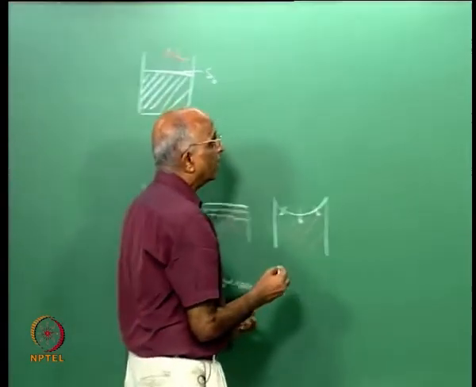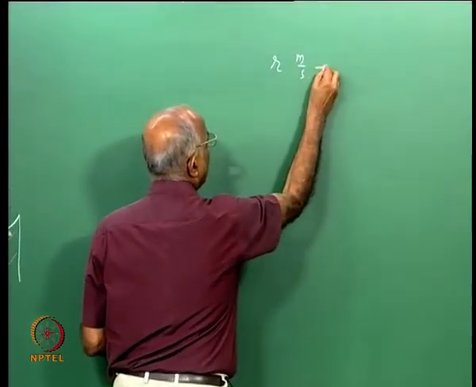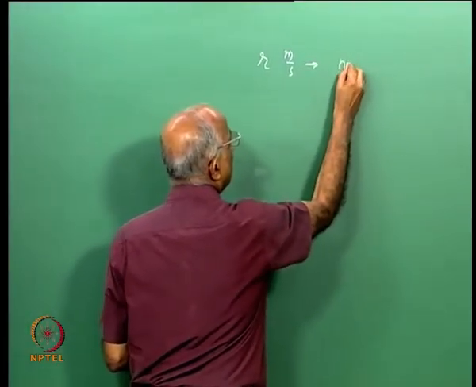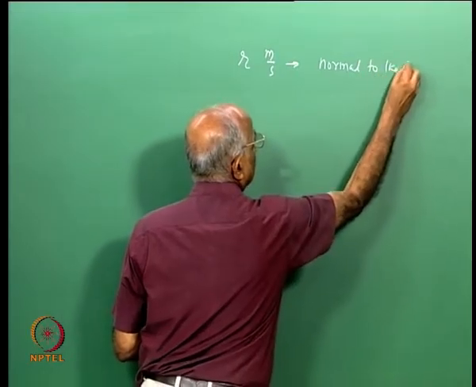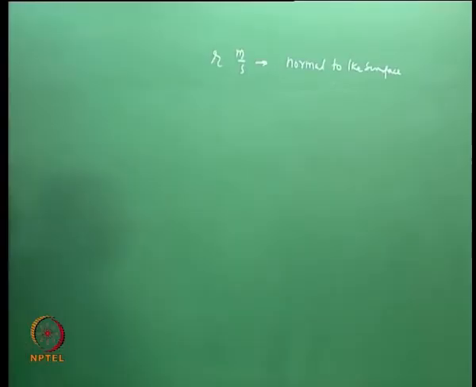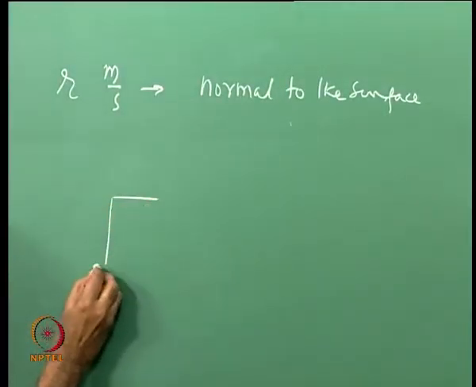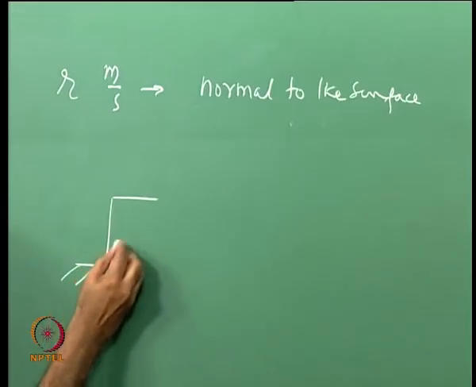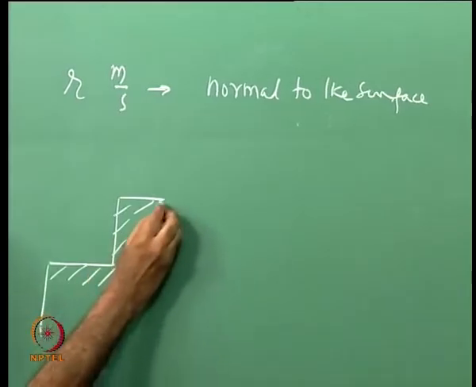When I say a propellant burns at the rate r meters per second, I assume that the burning is normal to the surface. Let us spend some more time on this. Supposing I have a propellant, a block something like this. This is my propellant, and I have the propellant in this configuration.